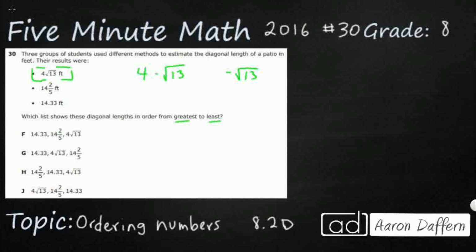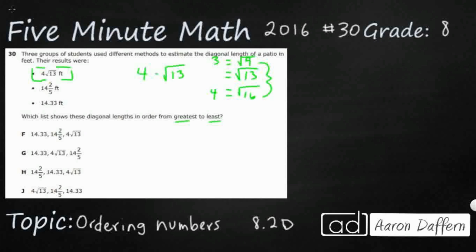All right, so how I estimate square roots is I try to find the square root below it. So the whole number below it is going to be the square root of 9, that makes 3. Square root above it is going to be the square root of 16, so that makes 4. So it's going to be 3 point something, because it's right in between.